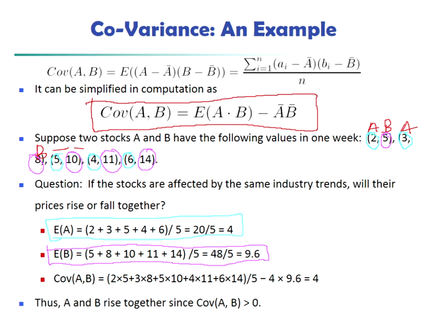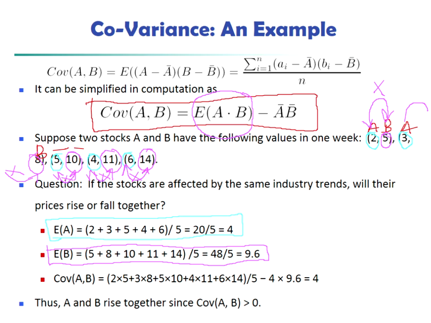After that, we will calculate the mean of A multiplied by B. So we will compute 2 multiplied by 5 plus 3 multiplied by 8 plus 5 multiplied by 10 plus 4 multiplied by 11 plus 6 multiplied by 14, and after that divided by 5.